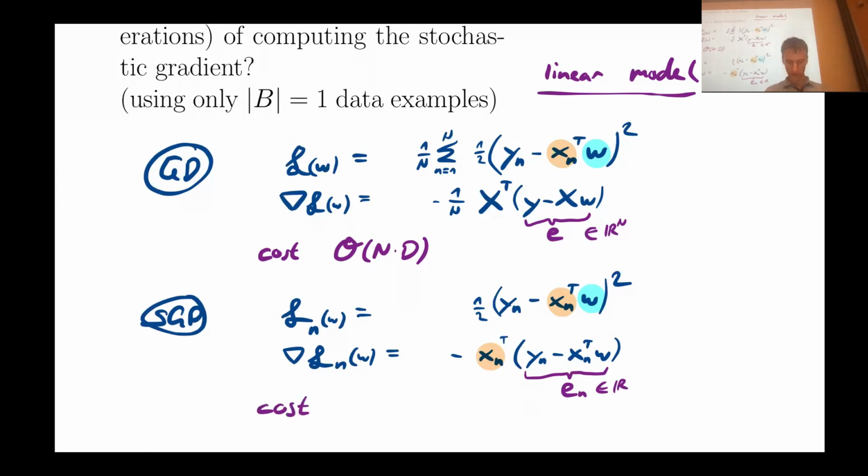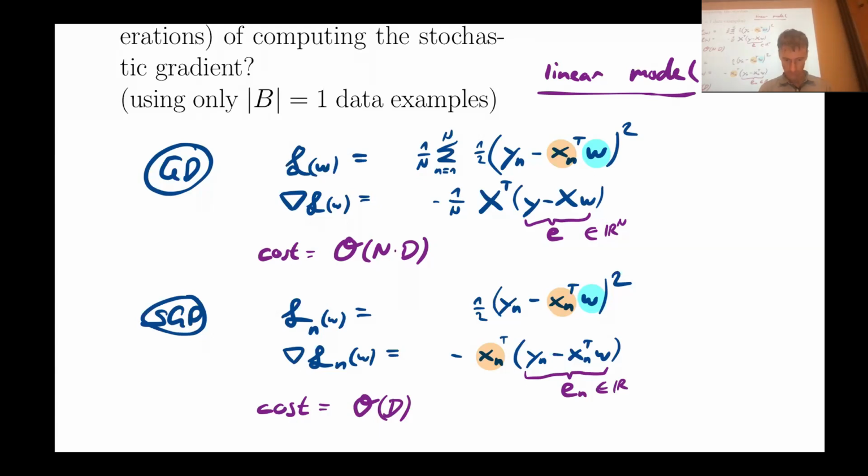So here we care about efficiency. And now, how expensive is this? Compute the loss for one data point, and do the gradient computation, which is just this number times the vector. So it's much cheaper than before. Before it was matrix vector, now it's vector only, and the size of this vector is d. There are two vector operations happening.